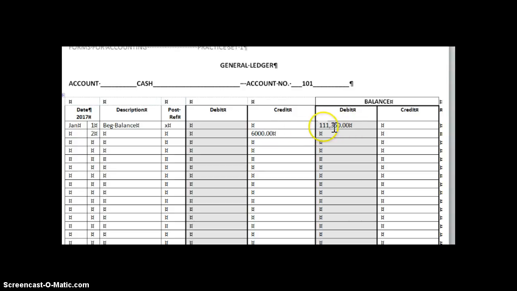So let me fix this. Okay. Subtract 6,000 from 111,350. And you're going to record the balance, which gives you a balance of 105,350.